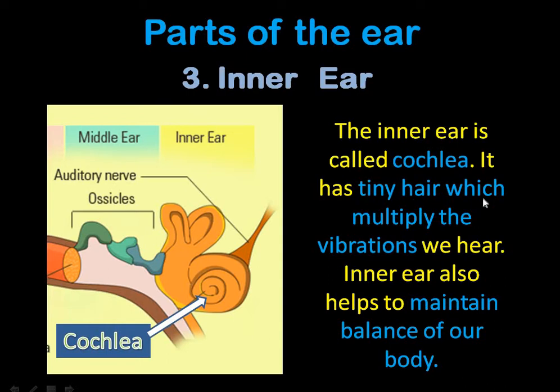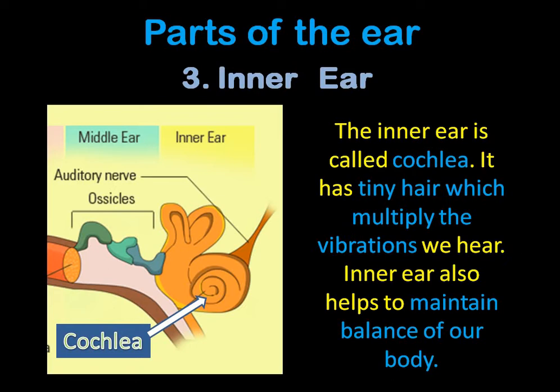It has got tiny hair which multiply the vibrations we hear, and then when the vibrations from these bones pass to the cochlea, the cochlea or the inner ear starts vibrating again, and then it passes the message from itself to the brain through the nerves that yes, some noises are there, it is a loud sound, it is a gentle sound, or somebody is whispering.